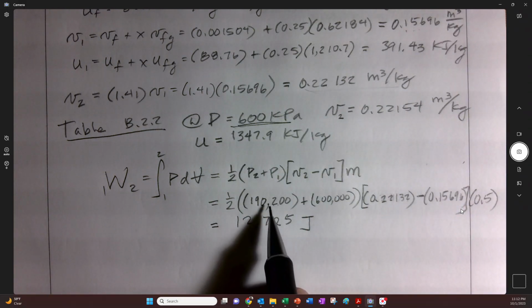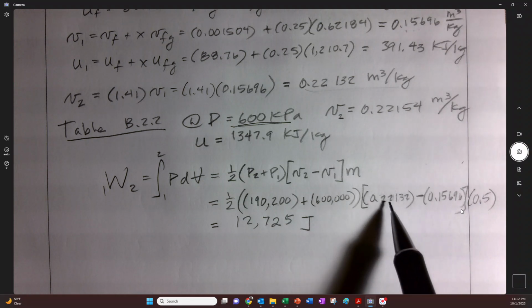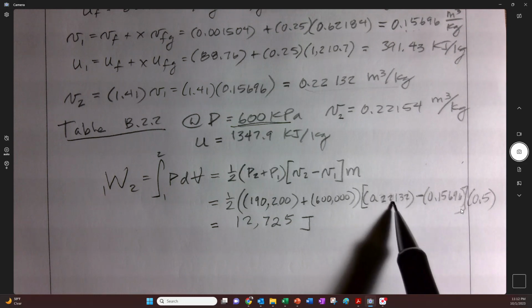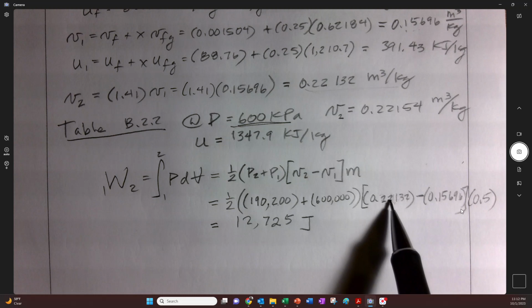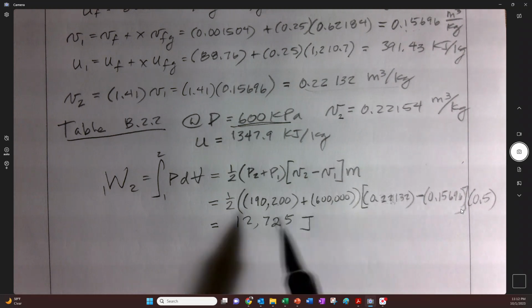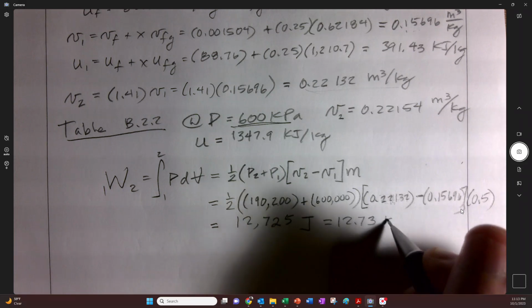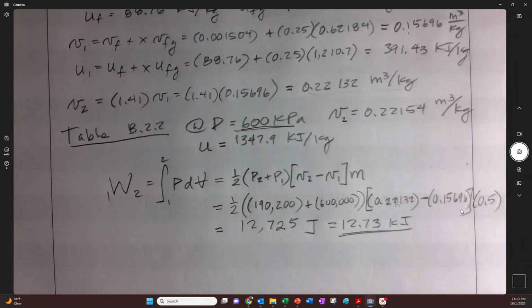Because I used this right here. Yeah, I'm consistent throughout. Wait a minute. No, I'm good because these are cubic meters per kilogram. So you could just say that's 12.73 kilojoules, and it's positive, so that's work into the system.